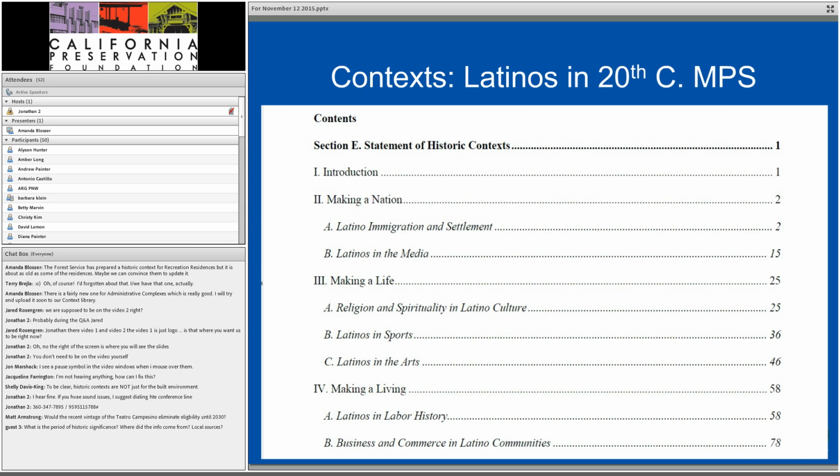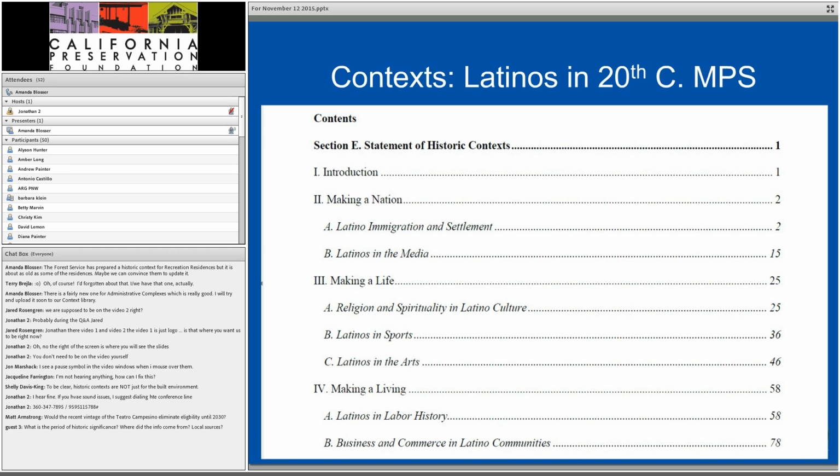And then even go and use a recently completed, really landmark multiple property submission completed by the Office of Historic Preservation about a year ago to drill in and look more specifically at context. And so these are all the contexts that are laid out in this multiple property submission.